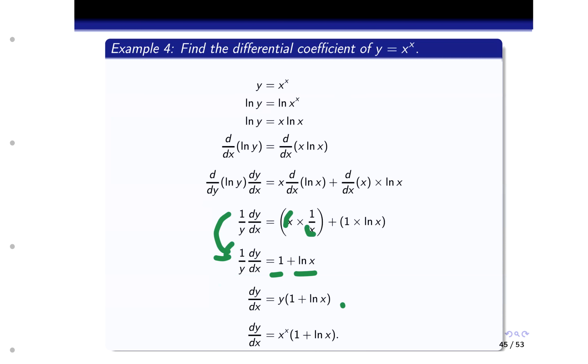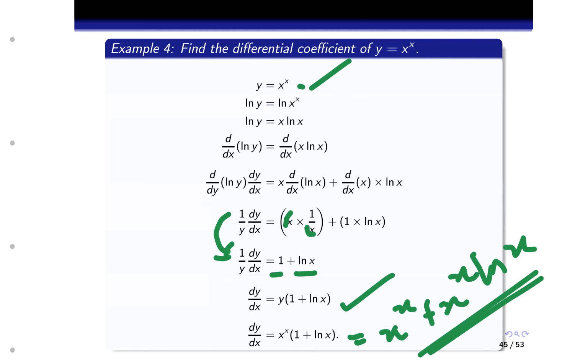And don't forget, the original y was x^x, so you have dy/dx equals x^x times (1 plus ln x), which is the same thing as x^x plus x^x ln x. You can have that as another form of expressing that solution. Okay, so that's another special form.